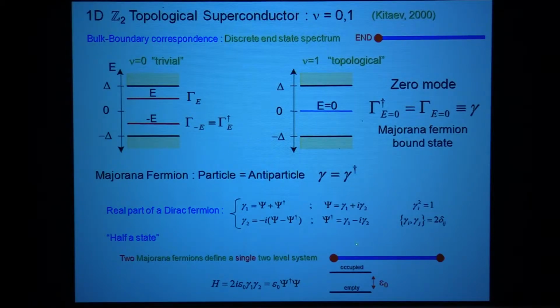If it's finite, then the zero modes that you have at each end will couple to each other, just like in what Shivaji was describing yesterday, and so they will split a little bit, and so you'll have a two-level system like this. Okay, all right. So good. So this is the sort of one-dimensional topological superconductor.